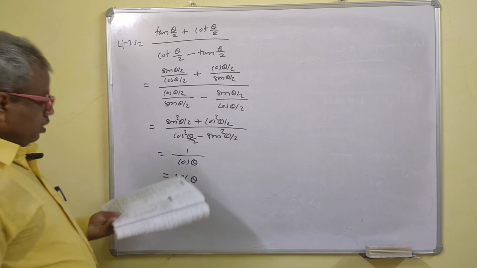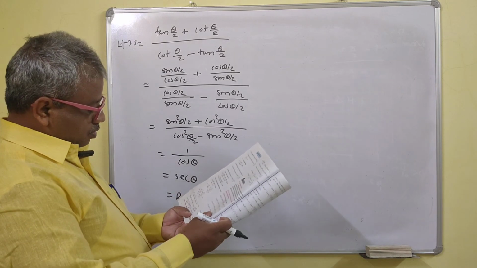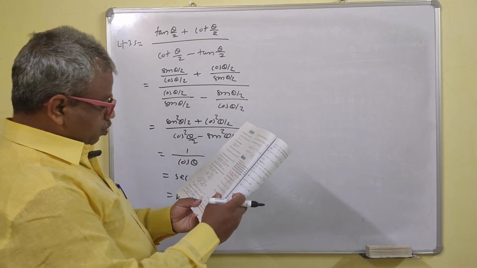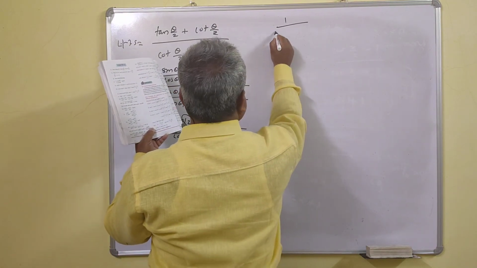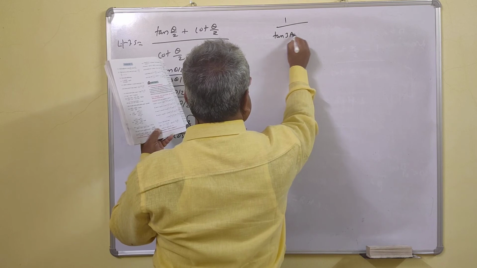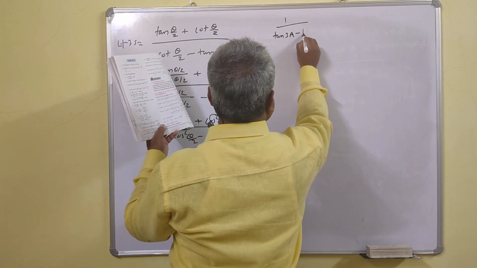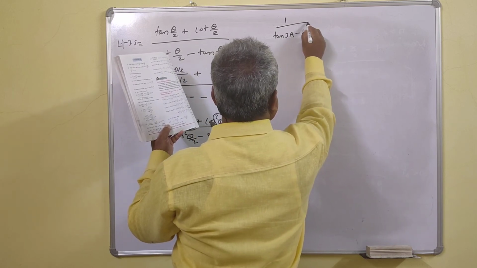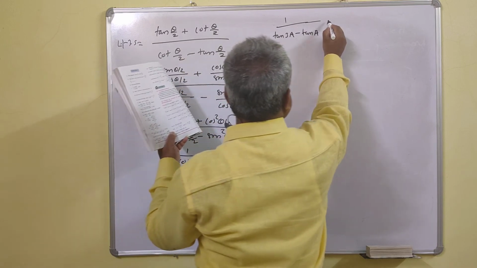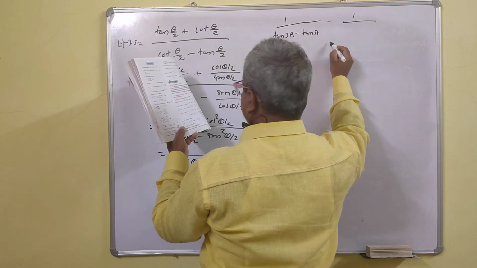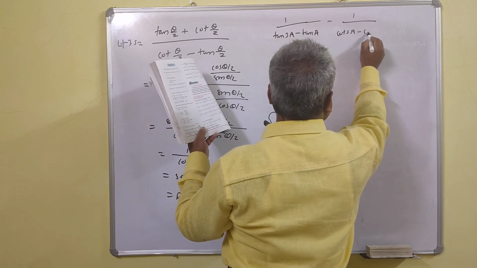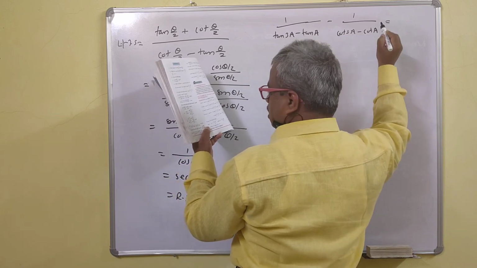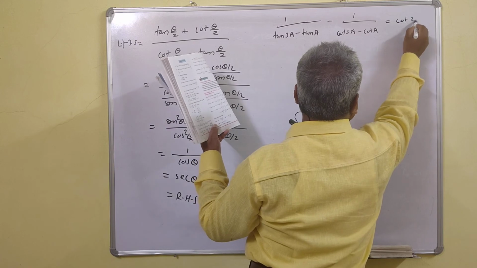Okay. Now take the next problem. Prove that 1 upon (tan 3A − tan A) minus 1 upon (cot 3A − cot A) is equal to cot 2A.